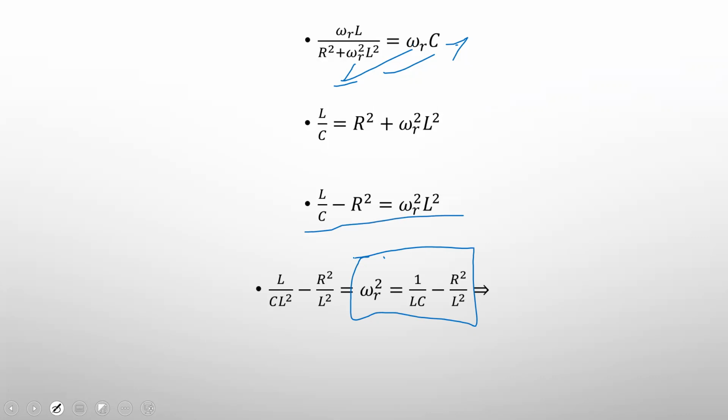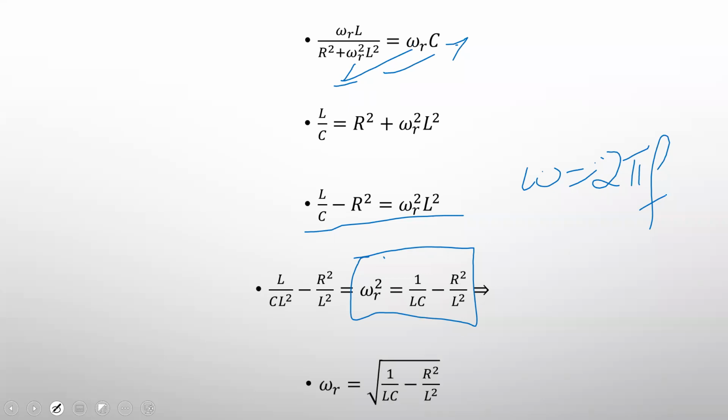But of course, we know that omega is equal to 2 pi F. So I can make the substitution to find F. So omega R is equal to the square root of 1 over LC minus R over L all squared.